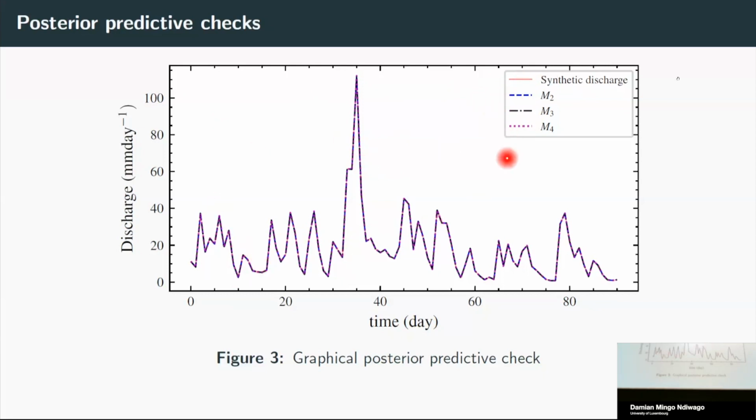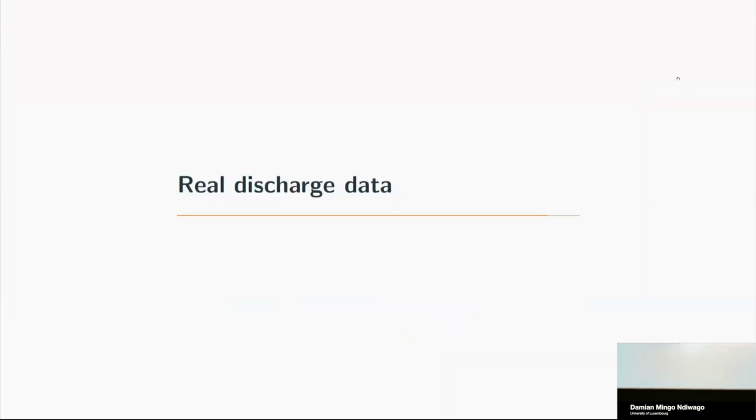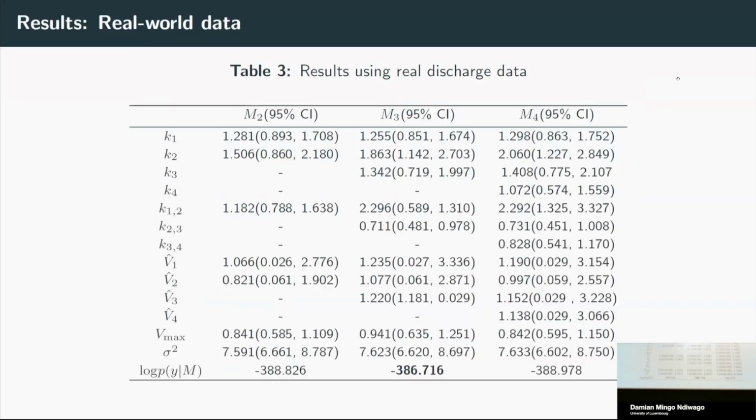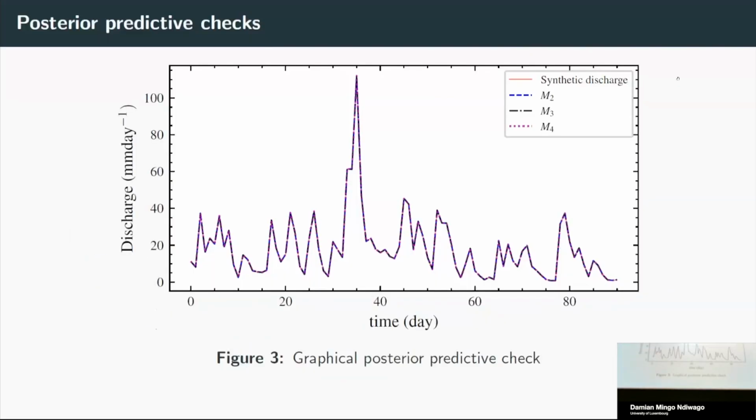What we can see here is that all the models fit the data very well. So therefore, it would be difficult just by observing to tell which model is actually the data generating model. So that's where the Bayes factor now could tell us, okay, they all fit the data very well, but the model with the fewest parameters was penalized less.